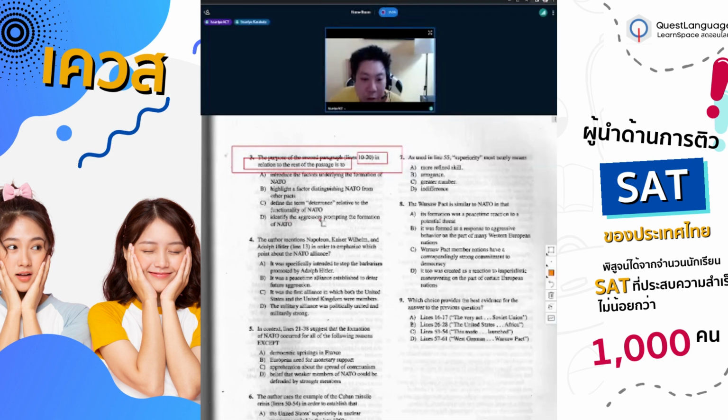So we know how the purpose of that particular paragraph is stated. Let's look at A real quick: introduce the factors underlying the formation of NATO. What does it mean there, to your understanding? My understanding is that they were just introducing the factors, exactly like they're saying.